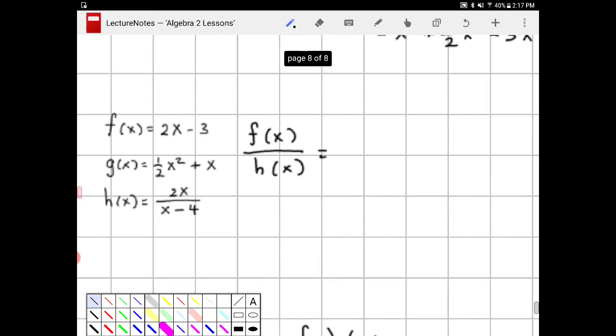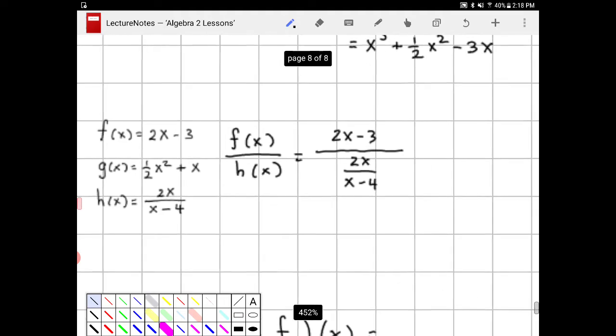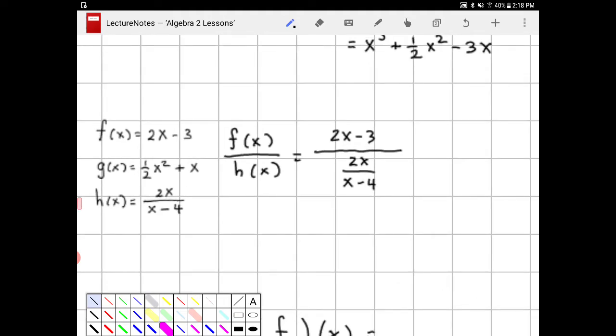All right, moving on. We're going to be evaluating the quotient now, f divided by h. We're going to do exactly what this is saying. So this is 2x minus 3 divided by 2x over x minus 4. We now have this complex looking fraction.